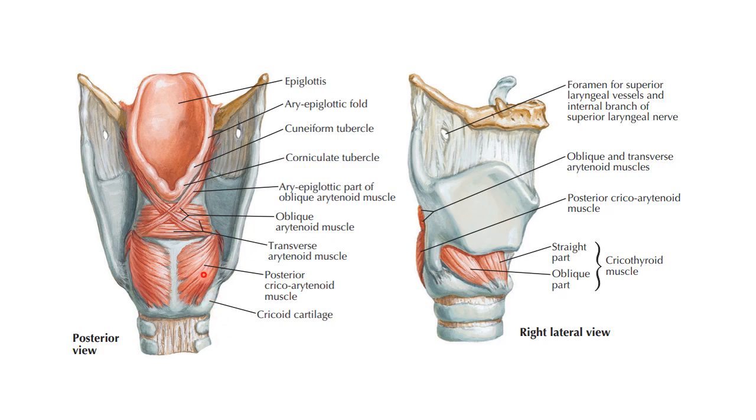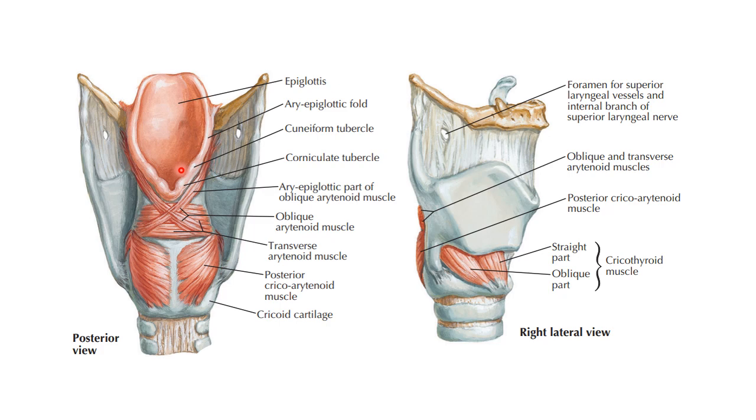And what this shows you is that there is actually a mucosa that lines the internal surface of the larynx, such as here where the epiglottis is found. You will also note here that the cartilaginous skeleton underneath the mucosa will produce protrusions on the mucosa.